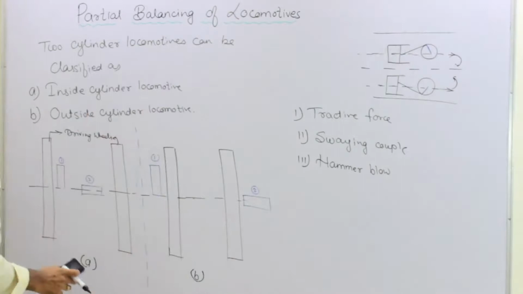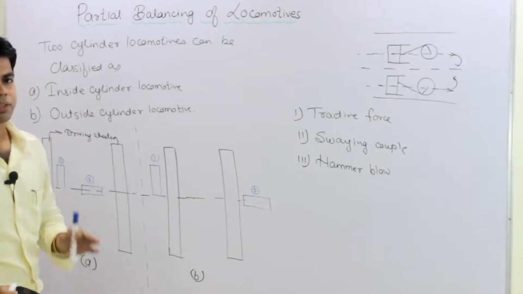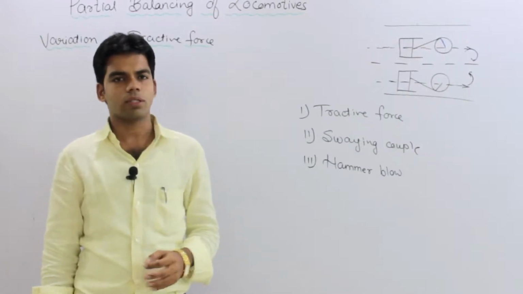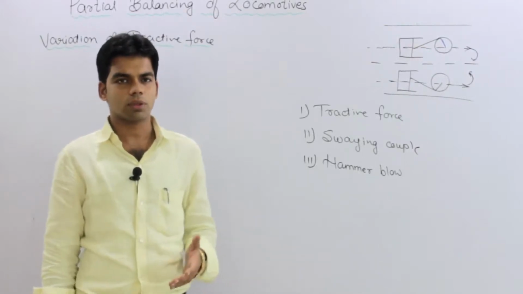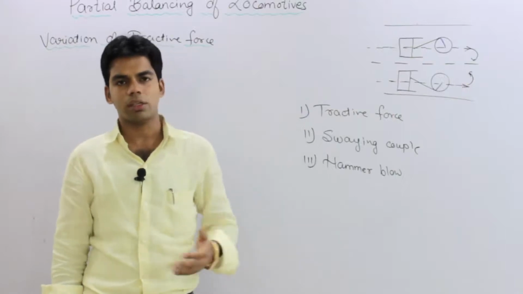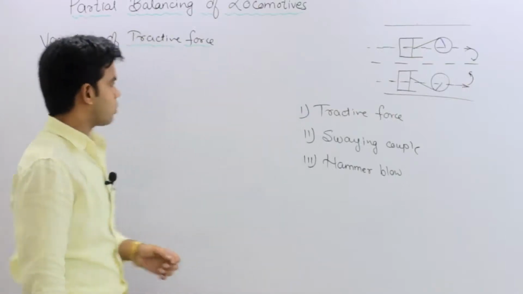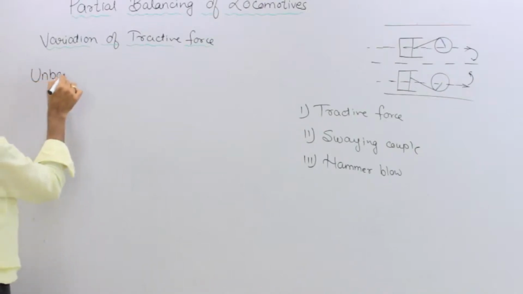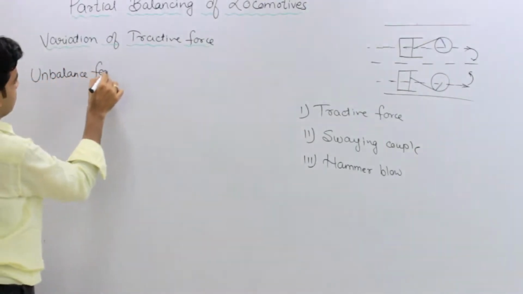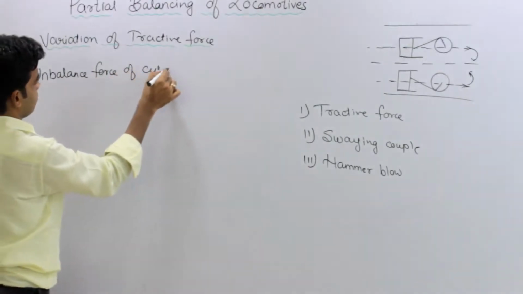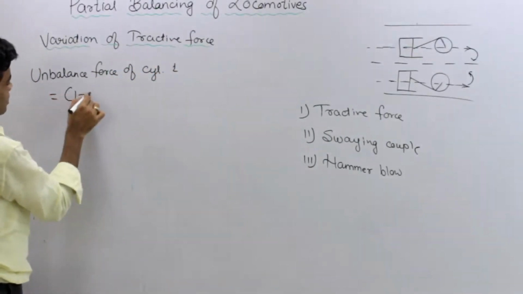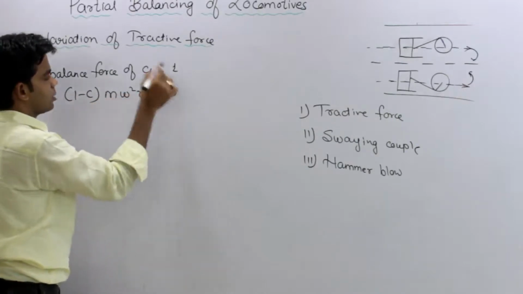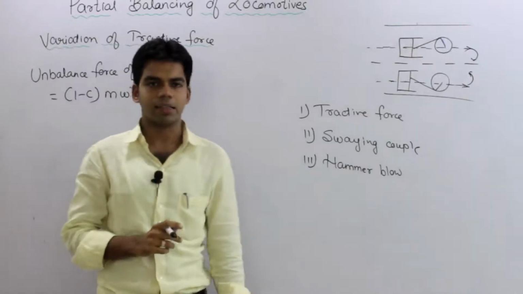Okay, first, coming to the tractive force, or you can call it the variation of tractive force. As I told you, tractive force is the resultant of the unbalanced forces of the two cylinders along the line of stroke. So what will be the unbalanced force of the first cylinder along the line of stroke? This is equal to, as I told you, (1 minus c) m omega square r into cos theta. Suppose the crank is at an angle theta.